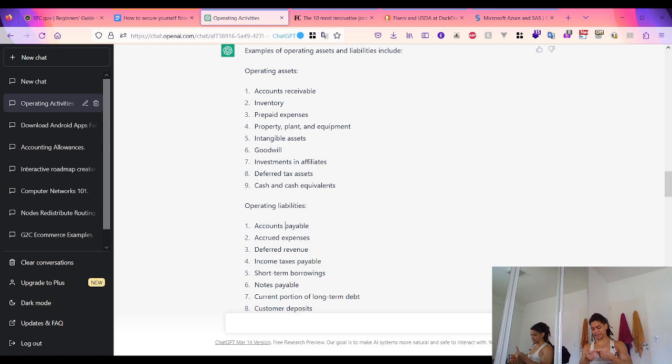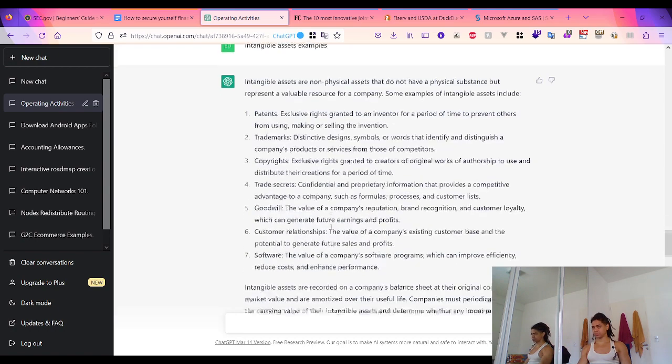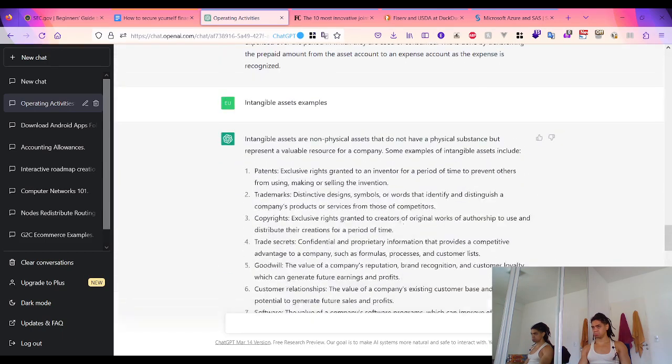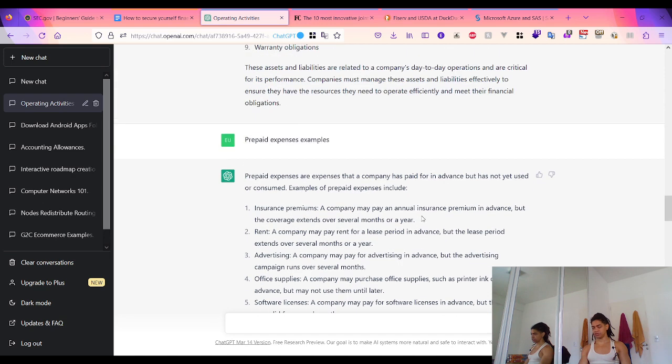You also have rent, office supplies, such as when you buy a printer, you buy ink, such as printer ink or paper, that you want to use in the future.